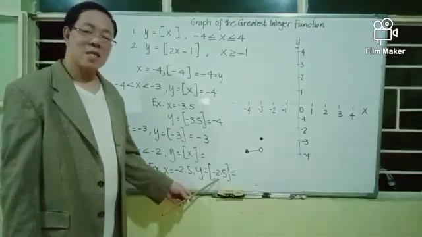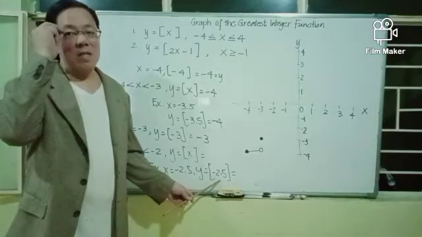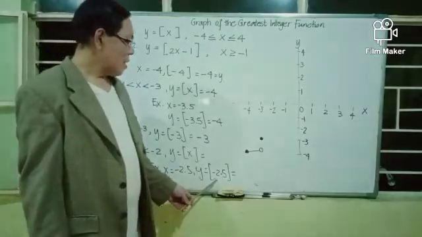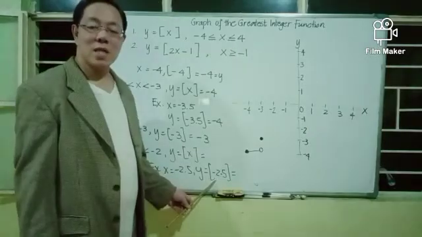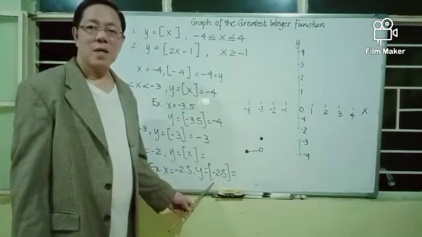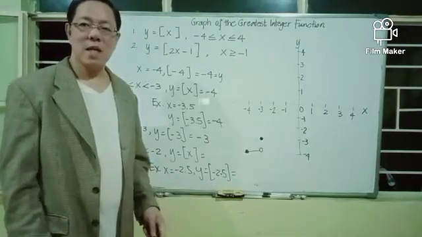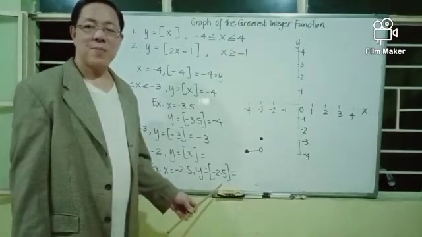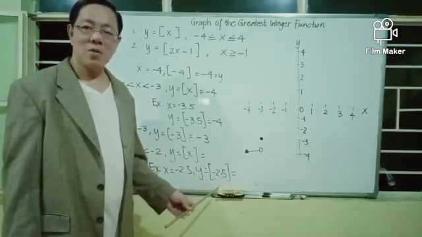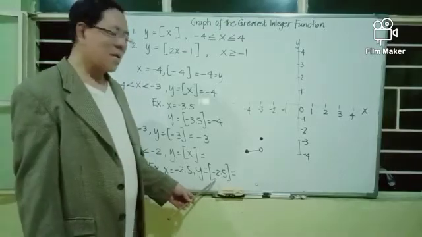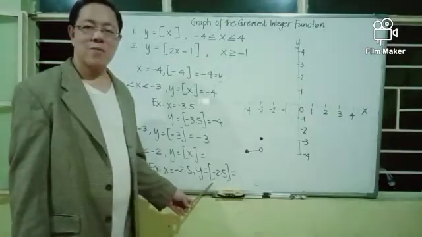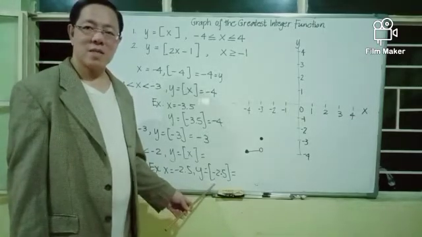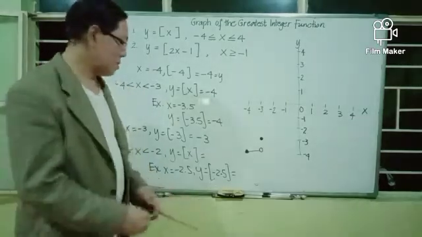The floor of negative 2.5 is the largest integer that is less than or equal to negative 2.5, and that integer is negative 3. All the integers from negative 3 down to negative infinity are less than or equal to negative 2.5, but the greatest of these integers is negative 3.